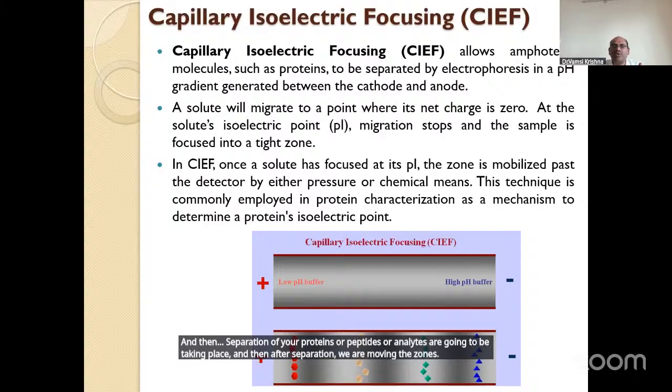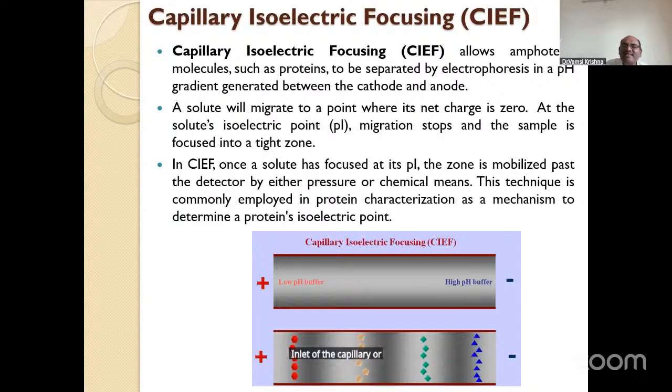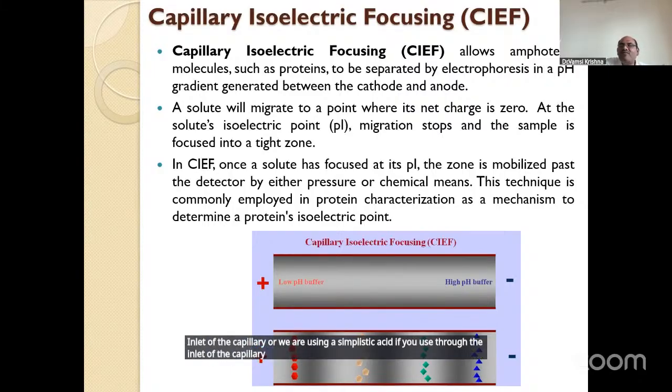After separation, we move the zones through the detector by applying pressure to the inlet of the capillary, or by simply using acetic acid at the inlet. The formed zones move through the detector, and the different zones are detected through the detector window.